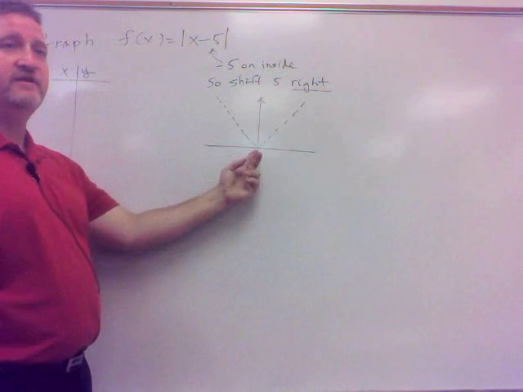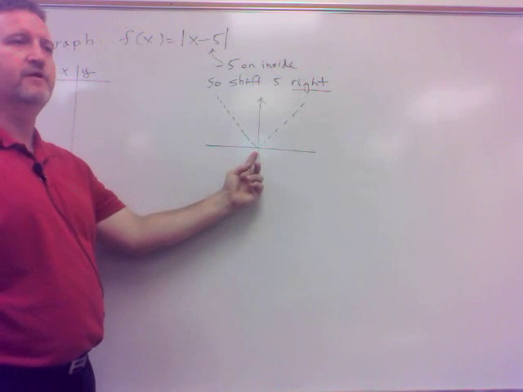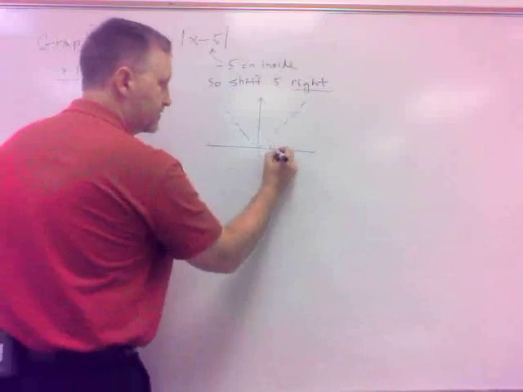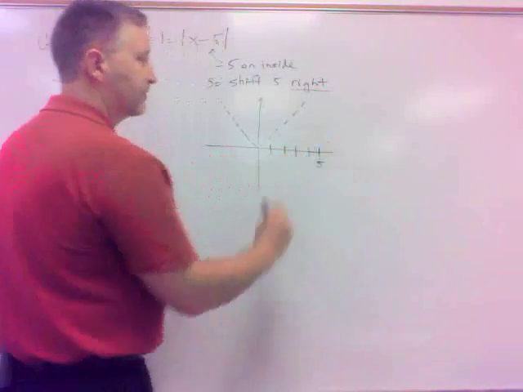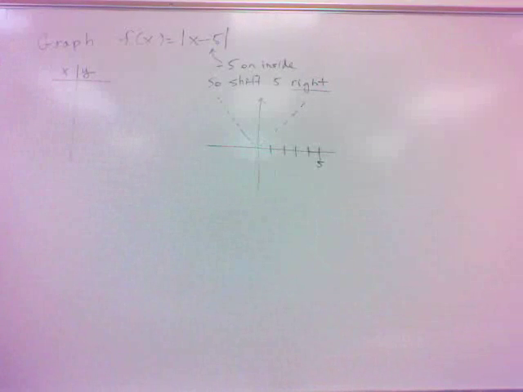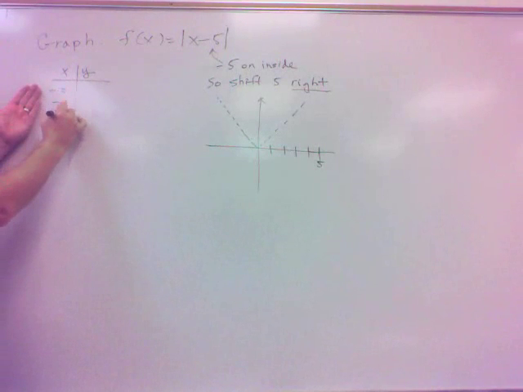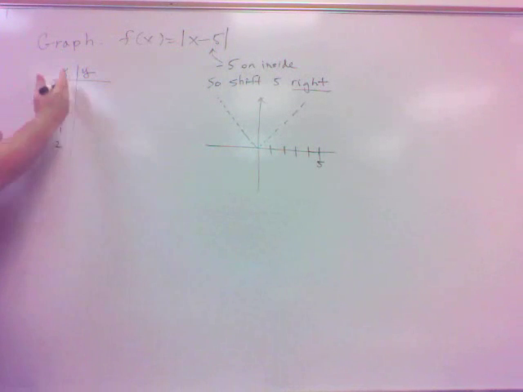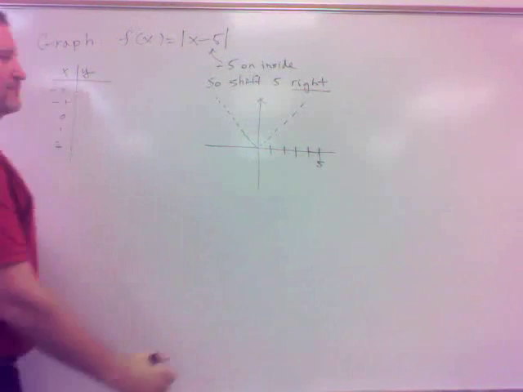Where's this V, the corner of the V, where's it going to occur? Well, it's going to be 5 units, 1, 2, 3, 4, 5. The corner of the V is going to be there at the 5. With me on that? Why I say that is because if the corner happens at 5, these are fine, but the interesting point happens at 5.